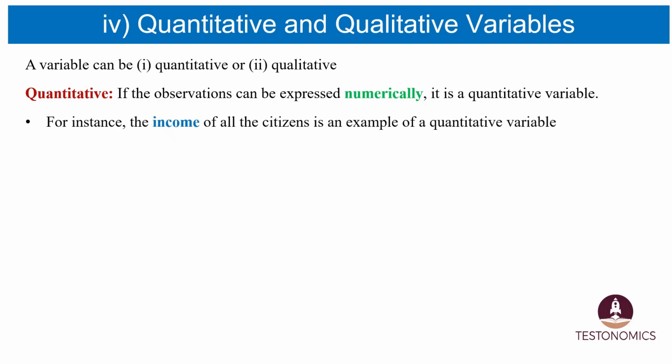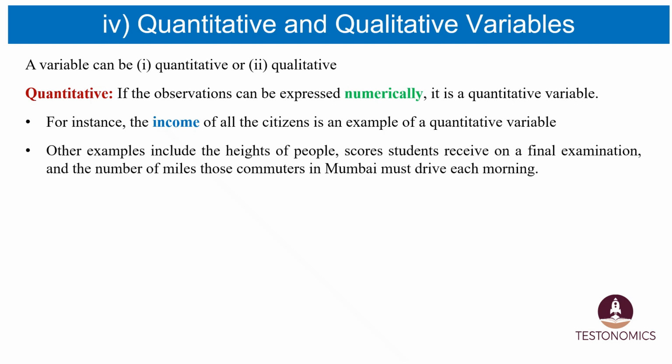For instance, income of all citizens is an example of a quantitative variable. Other examples include heights of people, scores students receive in the final examination, and the number of miles those commuters in Mumbai must drive each morning. So anything that can be described or expressed numerically is what we call a quantitative variable.